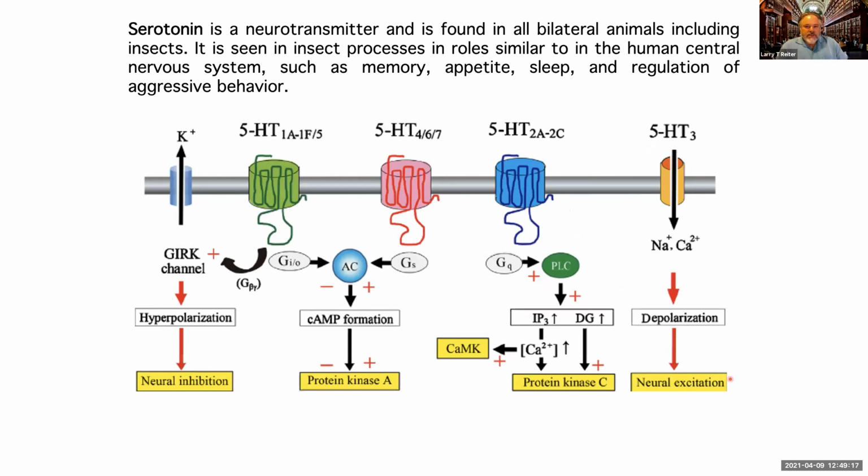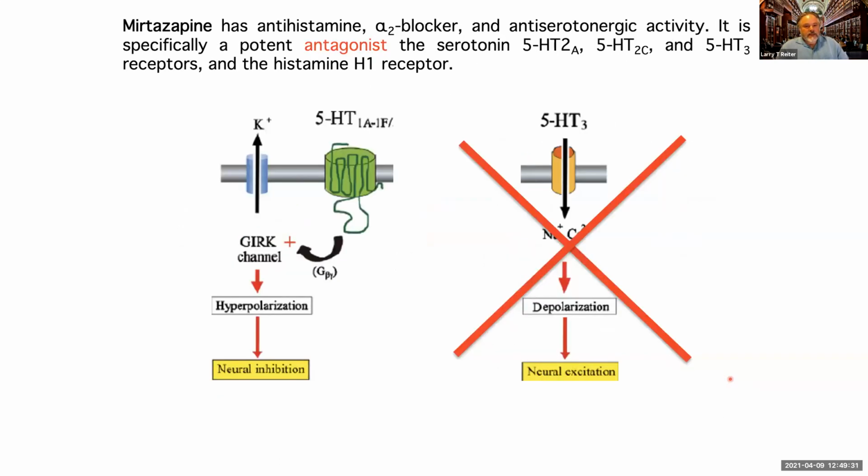And what we actually did is we got really lucky, because the first drugs that we hit immediately gave us information about which receptor they were acting through. So it could have been any of these receptors, but in fact, mirtazapine, one of the hits, is a pretty good antagonist of 5-HT2A, 5-HT2C, and 5-HT3 in Drosophila.